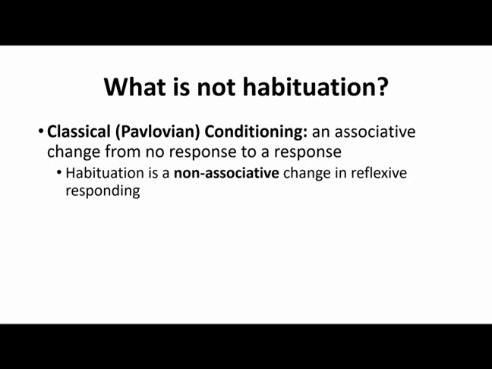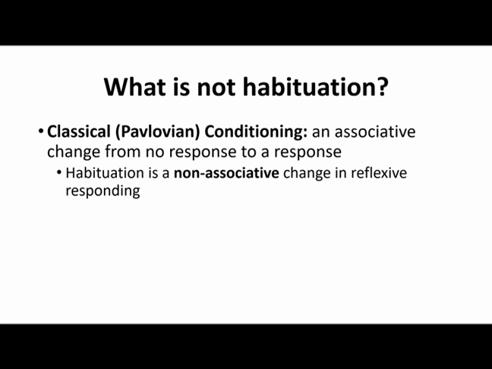So for the classical conditioning example of Pavlov and his dogs, you have your bell and your food. The bell is an originally neutral stimulus. Food is an unconditioned stimulus. Our unconditioned stimulus causes the unconditioned response of salivating. When you give dogs food, they're going to salivate.